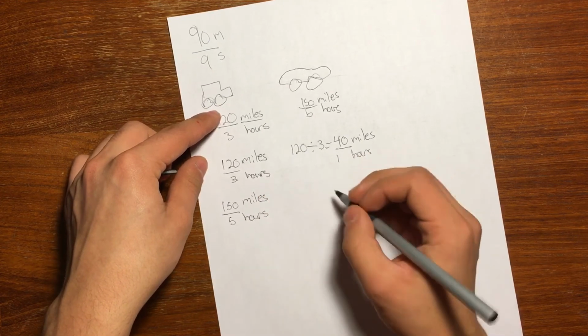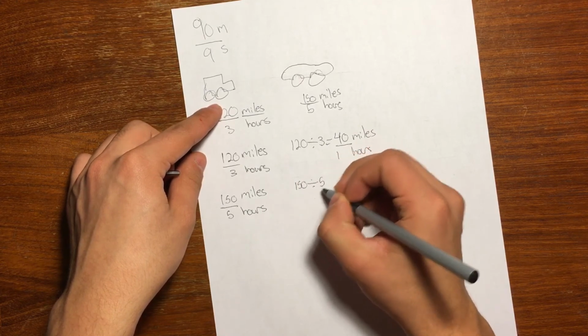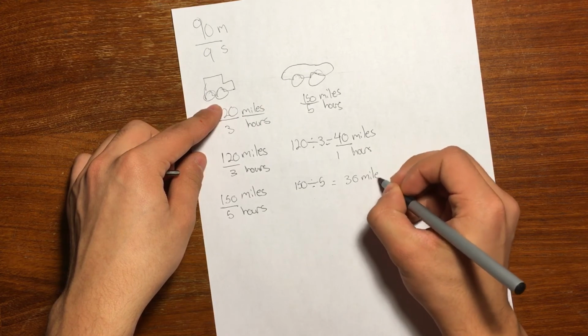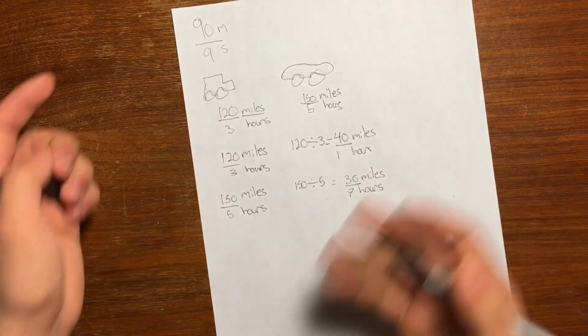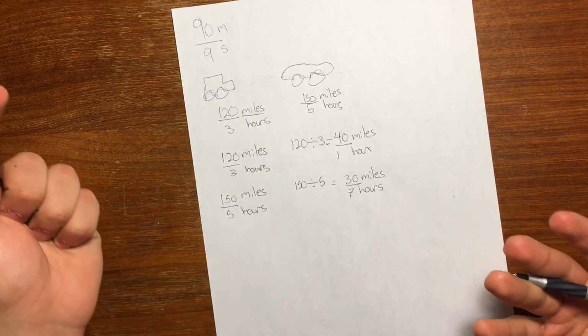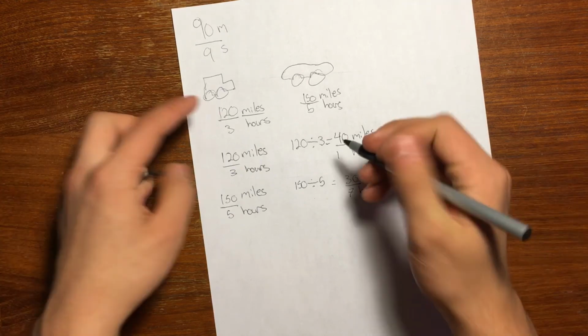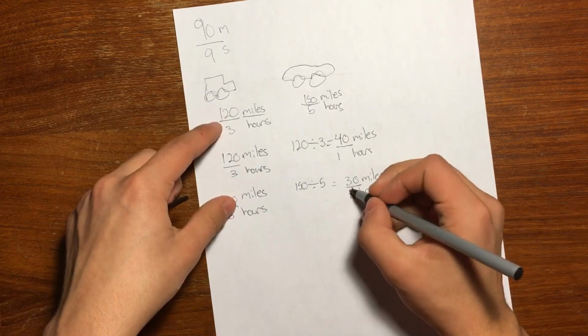You divide 150 by 5, it will give you 30 miles per 1 hour. I made a mistake here, it'd be per 1 hour. Yeah, there you go. That's way better.